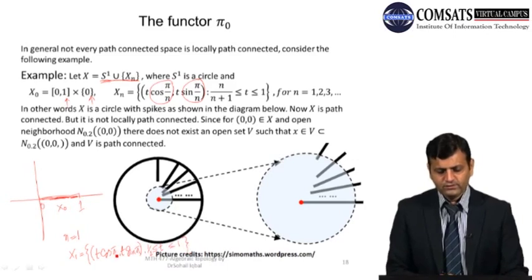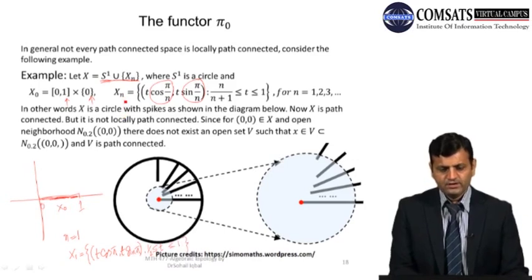Of course cosine pi is -1 and sine pi is 0, so we can construct this X1, and similarly we can construct other Xn's as well. So geometrically speaking, this X, which is S1 union the Xn's, is basically this circle with some spikes on it.